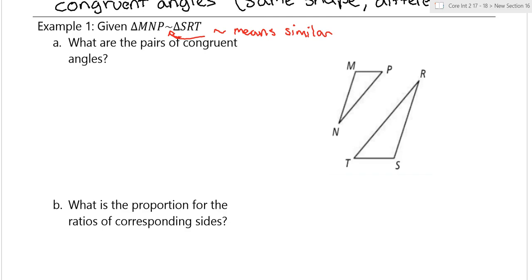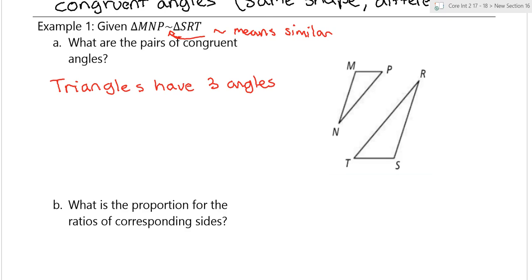Okay. So what are the pairs of congruent angles? Well, one thing to keep in mind is triangles have 3 angles. That's where the word triangle comes from. So if I'm saying my pairs of congruent angles, I should have 3 pairs for the 3 angles.